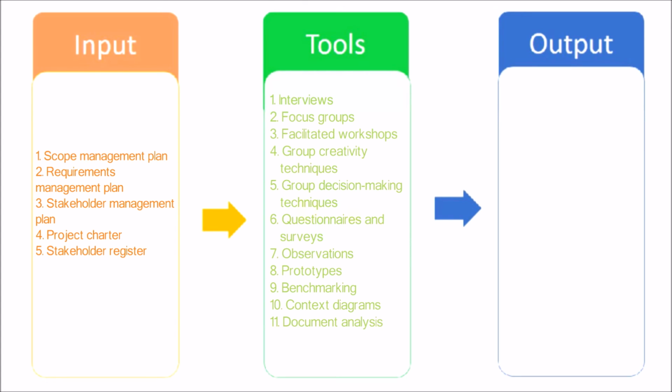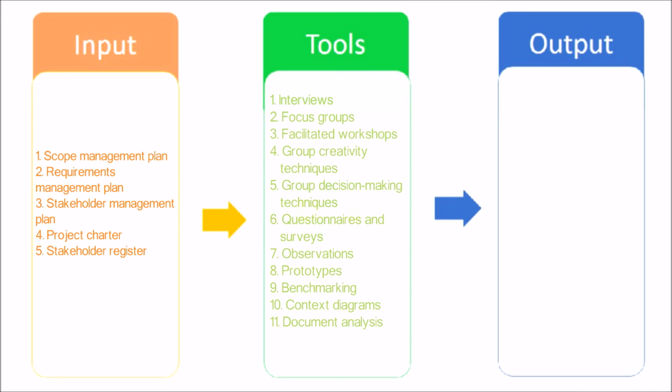Prototypes. Prototyping is a method of obtaining early feedback on requirements by providing a working model of the expected product before actually building it. Benchmarking. Benchmarking involves comparing actual or planned practices, such as processes and operations, to those of comparable organizations to identify best practices, generate ideas for improvement, and provide a basis for measuring performance.